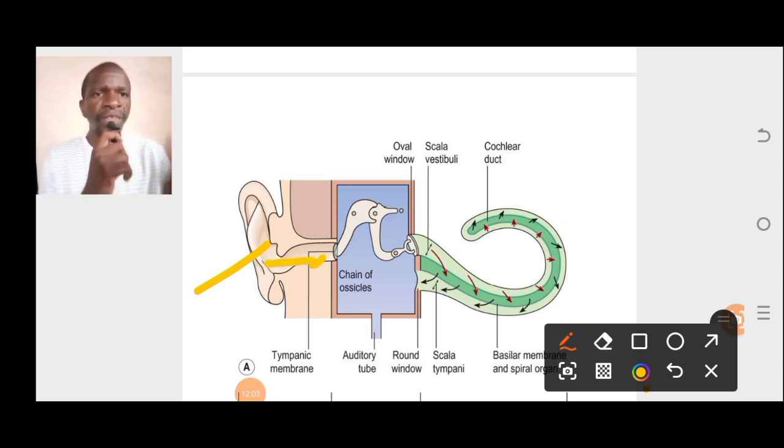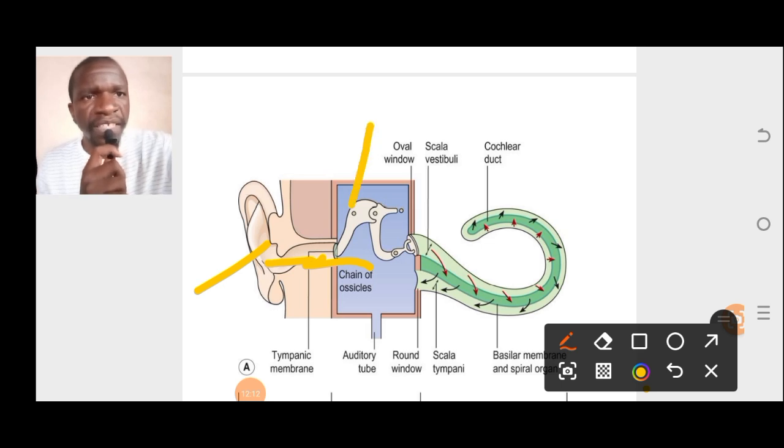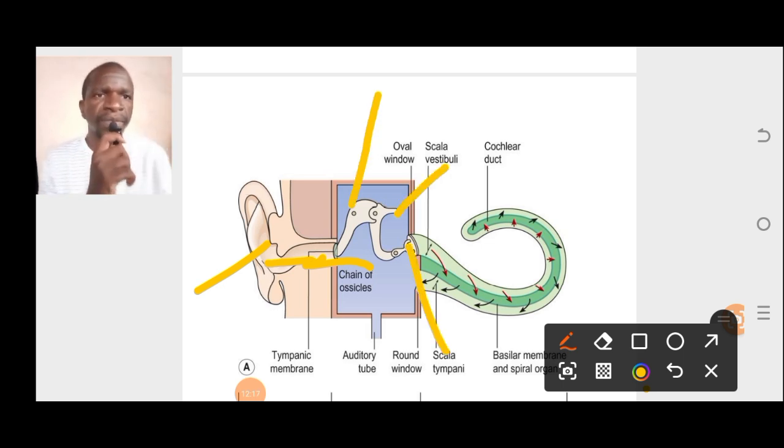When these sound waves reach the middle ear, which is here, the sound is increased in intensity by the movement of the three auditory ossicles, the incus, the stapes, and the malleus. The malleus is the one that looks like a hammer, this one. So movement of these three auditory ossicles is going to increase the sound waves.